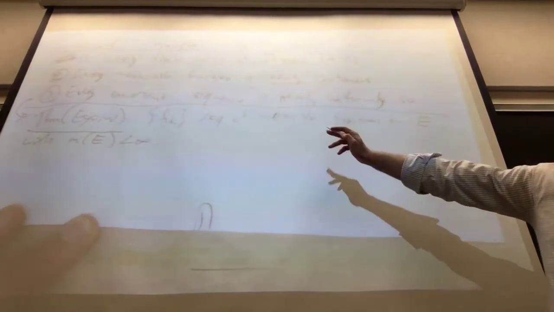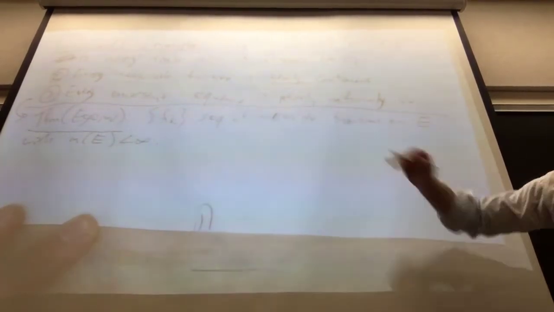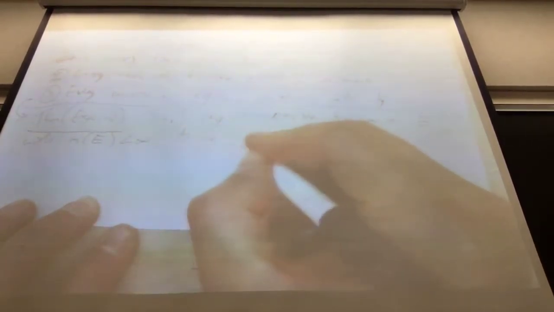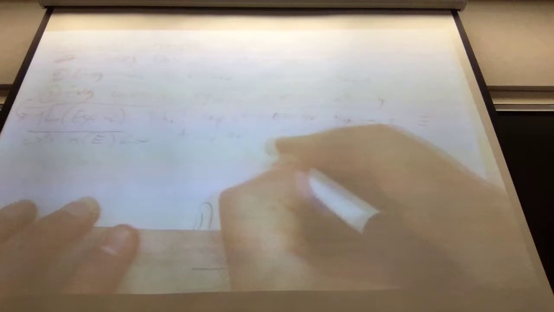Okay, so F_k is a sequence of measurable functions on some measurable set E with finite measure. Assume that for almost every x in E, F_k of x converges to something. I want this sequence to converge, and I'll call that F.